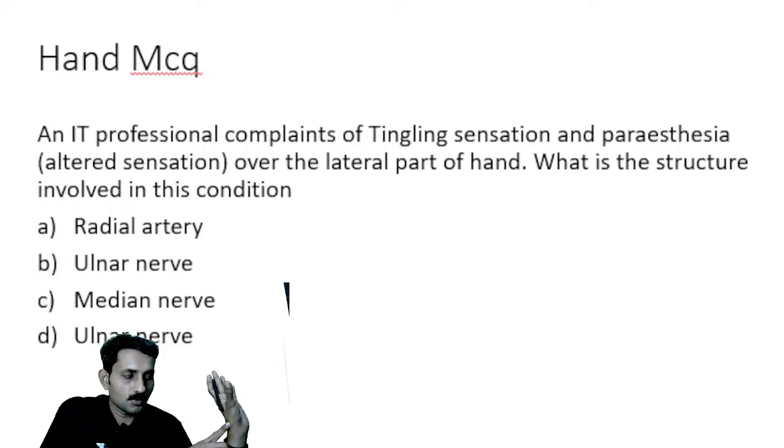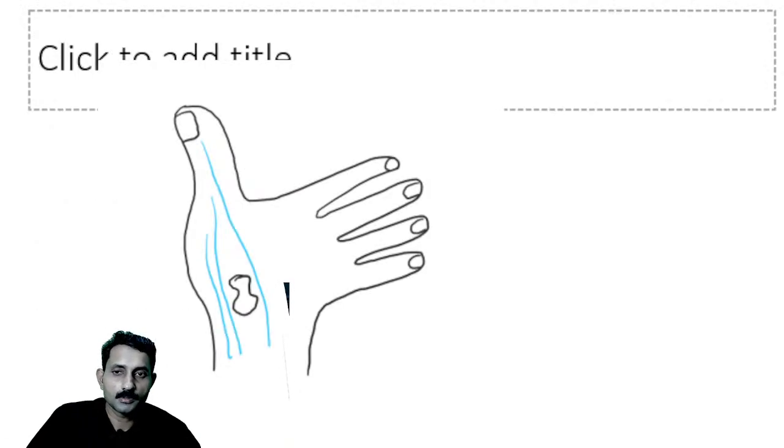Between the tendons, can you see a small fossa over there? That fossa is called the anatomical snuff box. When you abduct the thumb, or abduct and extend the thumb, you can see a small fossa over this part that is called the anatomical snuff box.